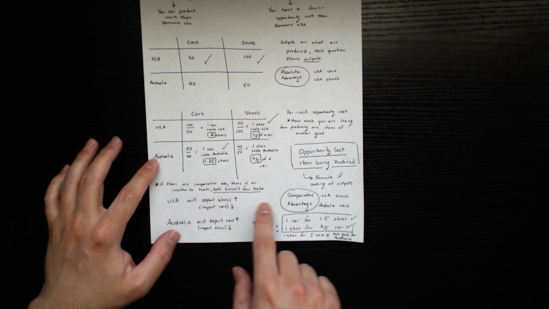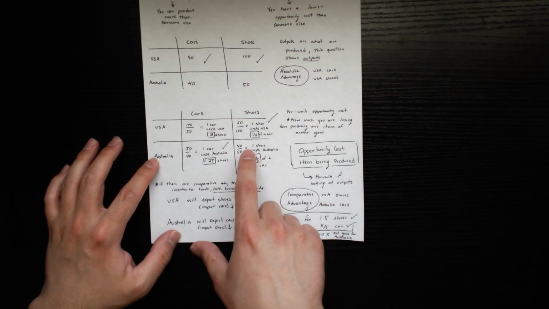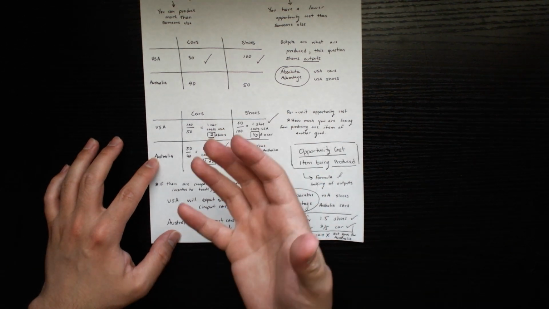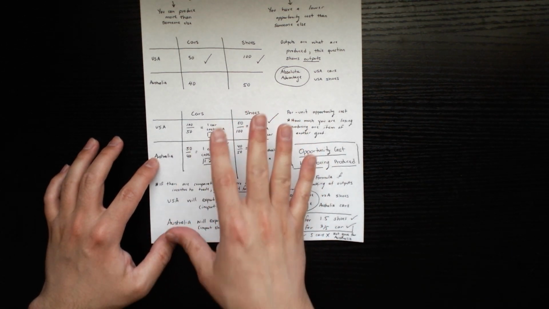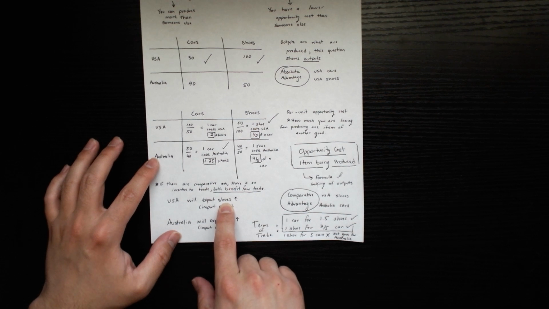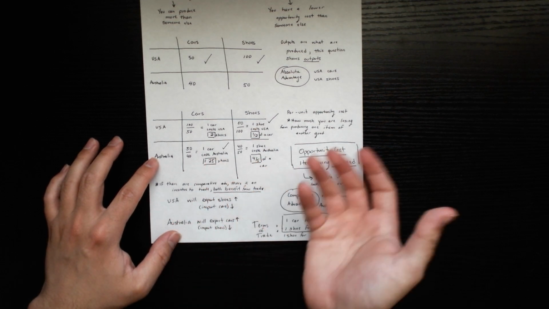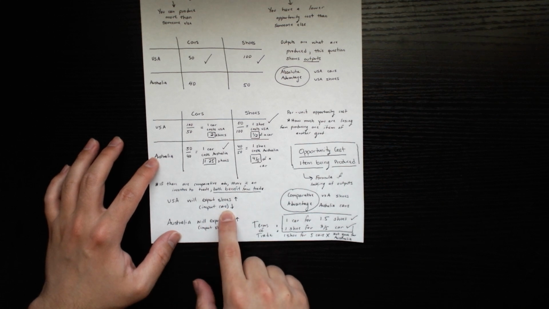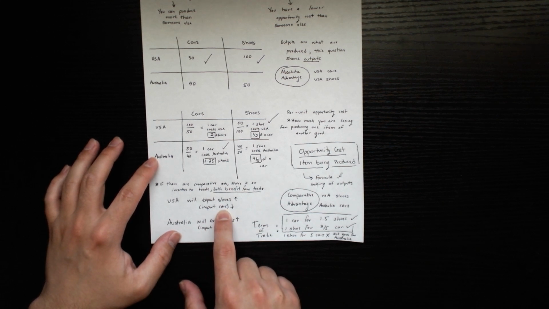So here, since we know that the USA has a comparative advantage in producing shoes, they're the ones that are going to produce the shoes. They're going to specialize in making only shoes, and they're going to export it. And how are they going to get the cars? Well, they're going to import it from the other country. So they're going to import the cars.